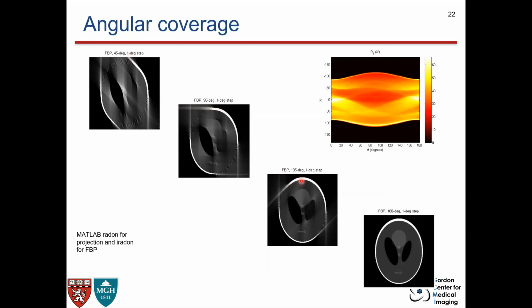And then you have 135 and then 180 degrees. So this is very close to the true image that was used to do the projection and back projection. So obviously you want to have large angular coverage. Okay.